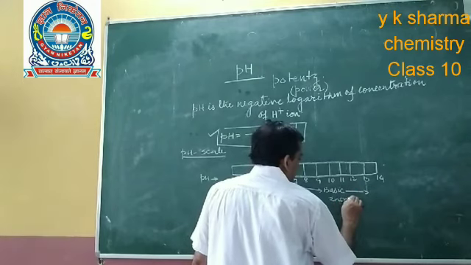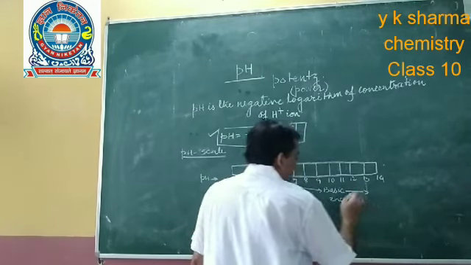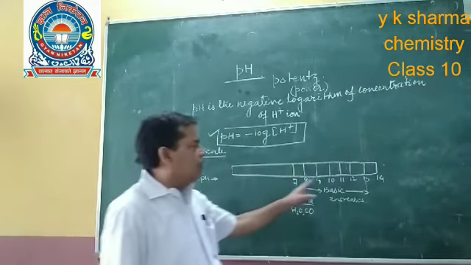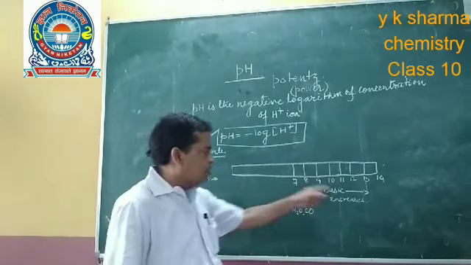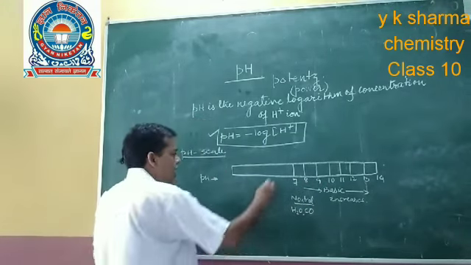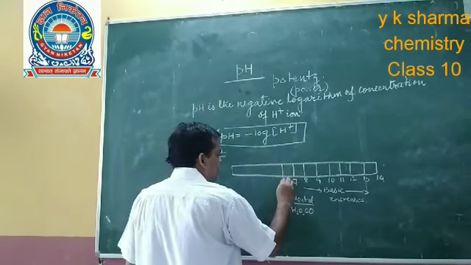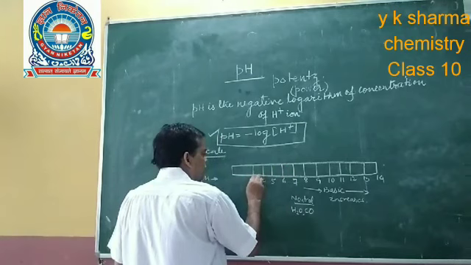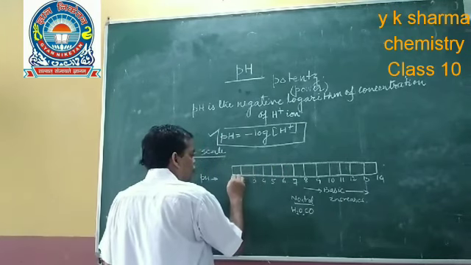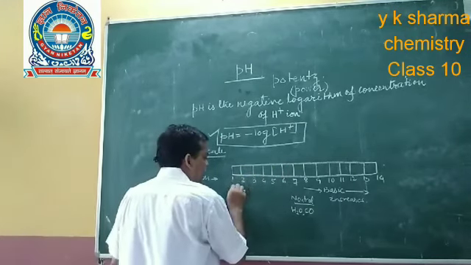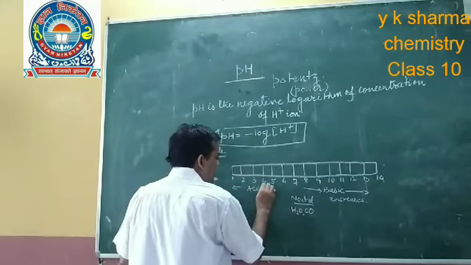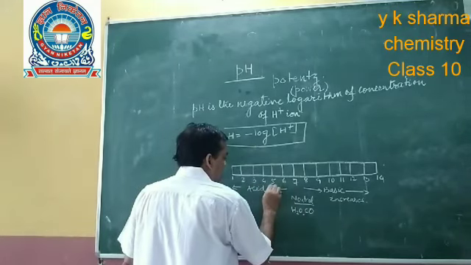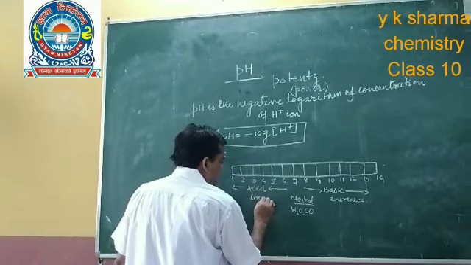Keep in mind that if the pH is more than 7, the basic strength increases, and if the pH is less than 7, that is 6, 5, 4, 3, 2, 1, then the acidic strength will increase.